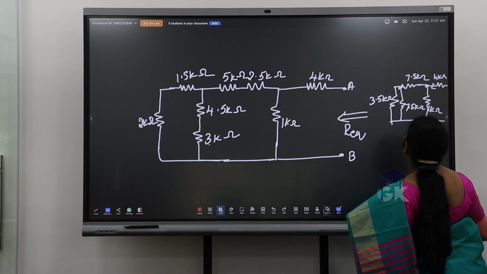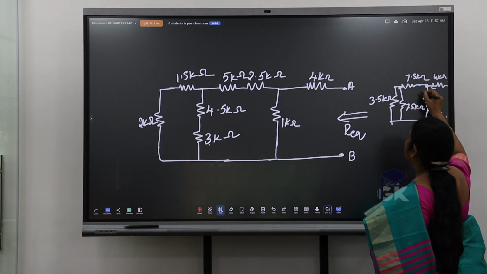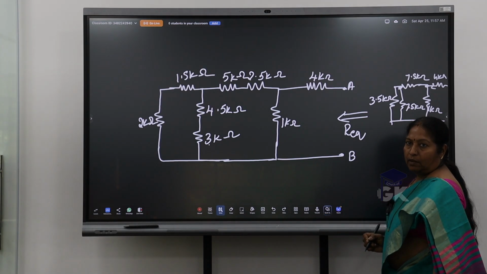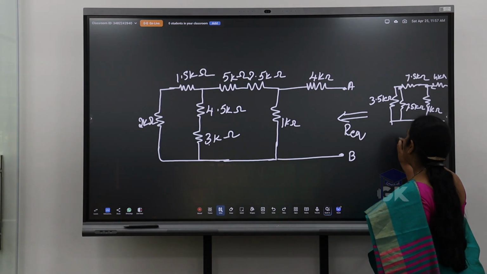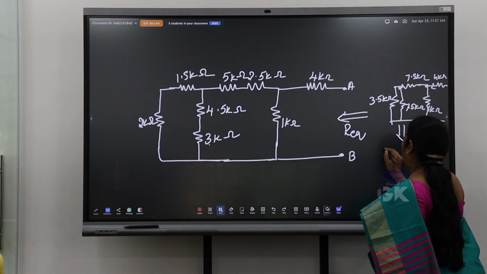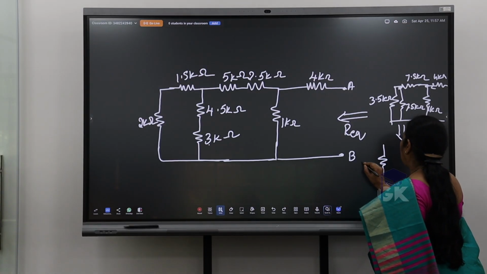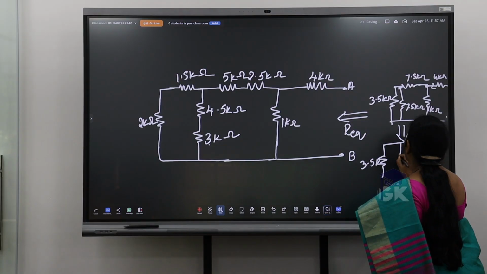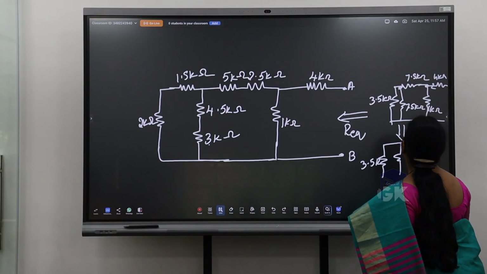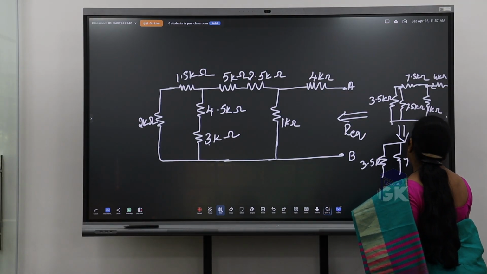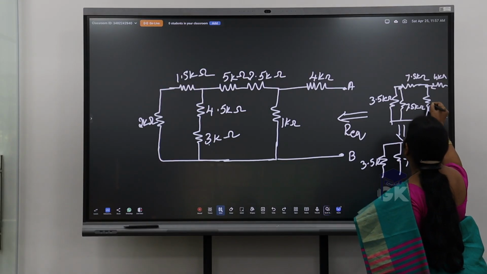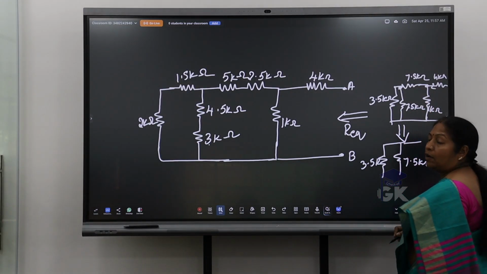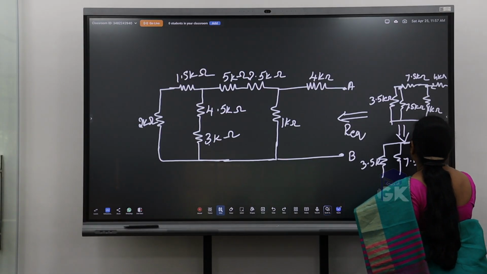So first we'll find out the equivalent of 7.5 and 1K in parallel, then that in series with 4K. 7.5K as it is I'll keep, and for these two parallel combination 7.5 and 1K, how much will you get?